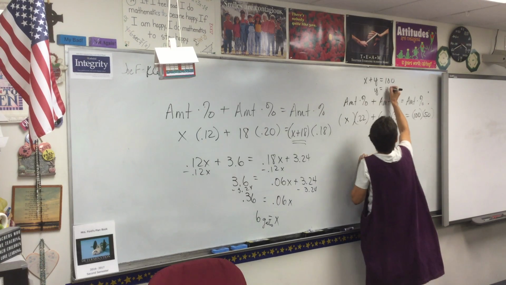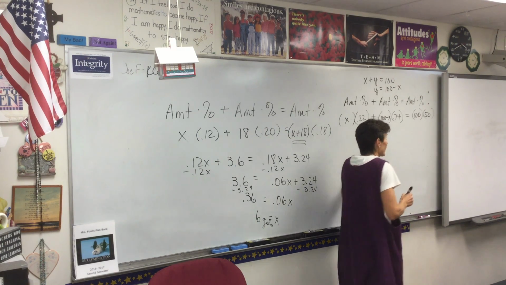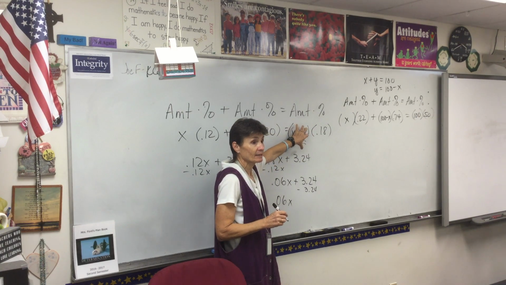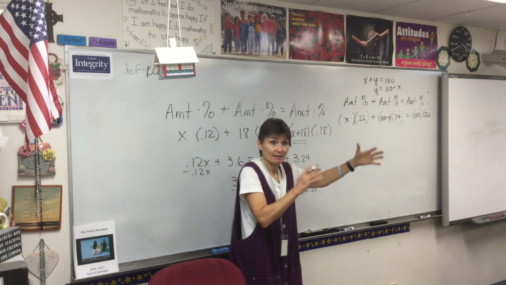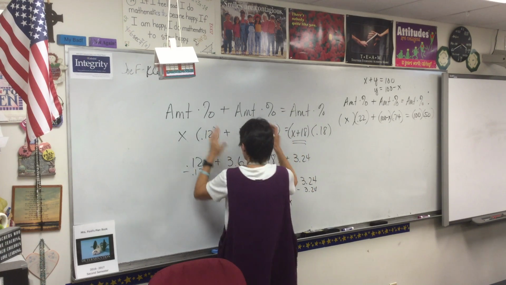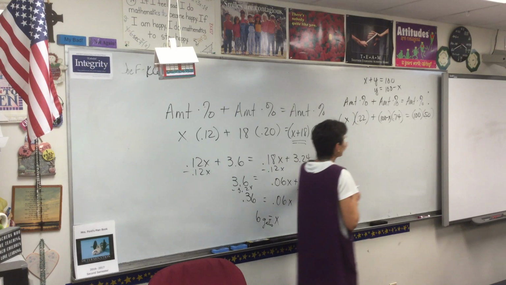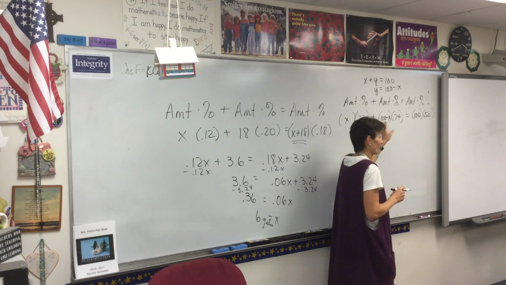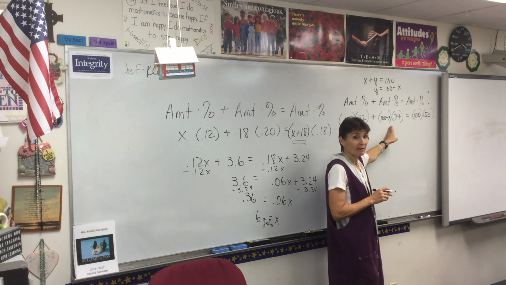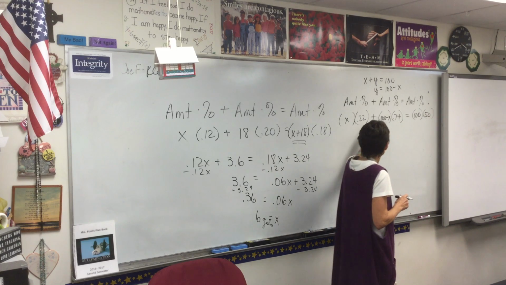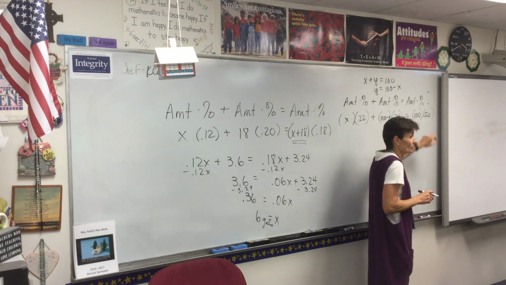So if you are filling in this blank, it's going to be an add, because that's how you get that number. You add these two to get that. If you're filling in one of these blanks, then it's going to have to be a subtract, because that's the total. So these are going to be less than the total.